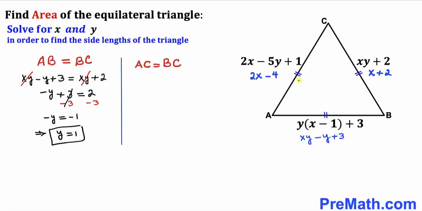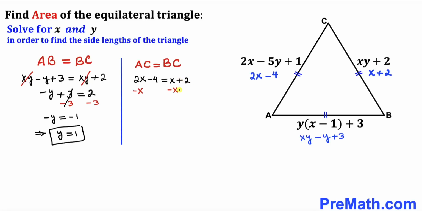And now let's focus on these side lengths AC and BC, and both of these side lengths are equal. So I'm going to write down 2x minus 4 equals x plus 2.